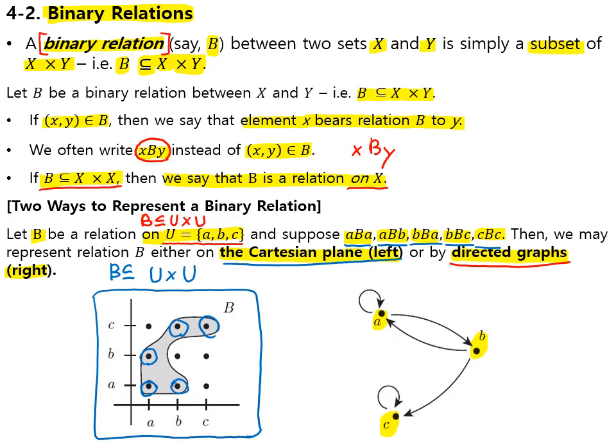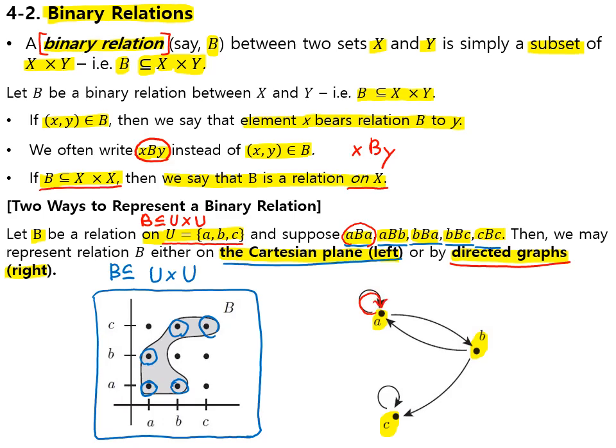So when we want to represent the fact that A is related to A, this is represented by an arrow that emanates from A and goes into A itself.